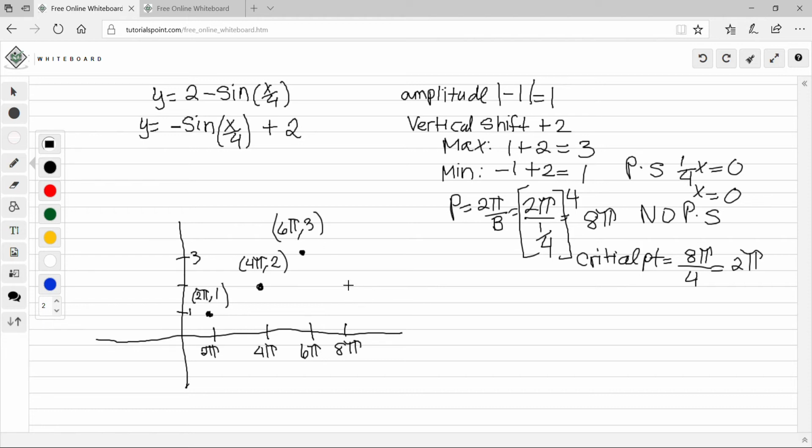And for 8 pi, you should get positive 2. And then for 0, you plug in 0, you should get positive 2. So that's 0, 2.